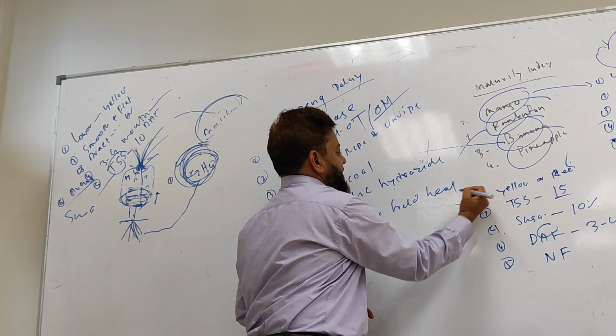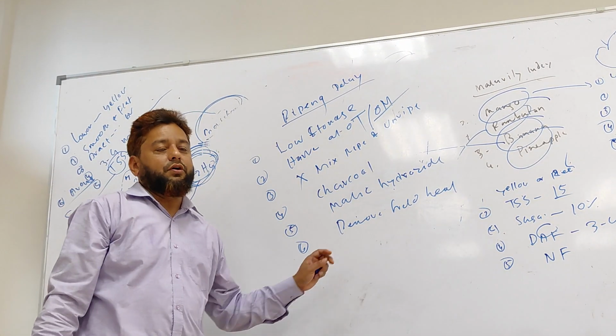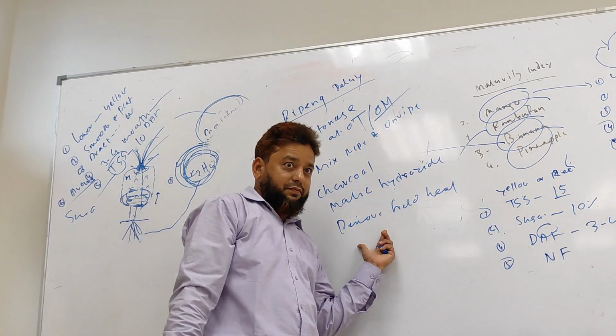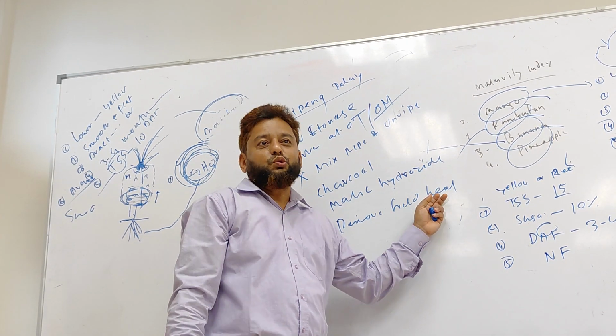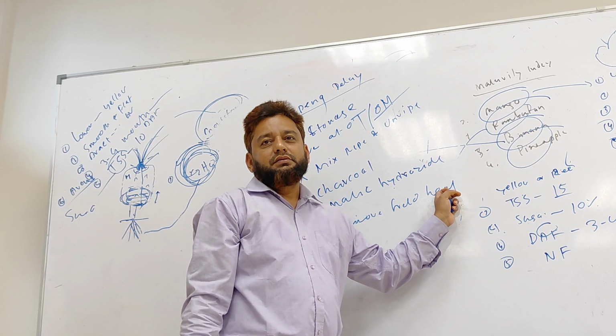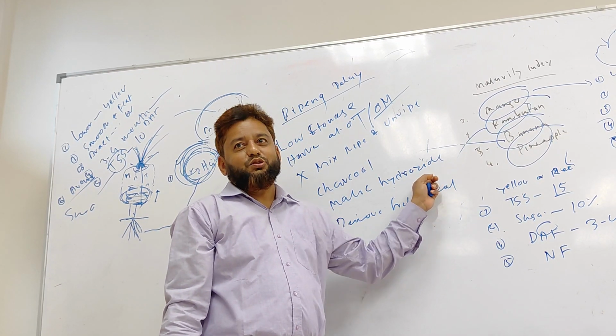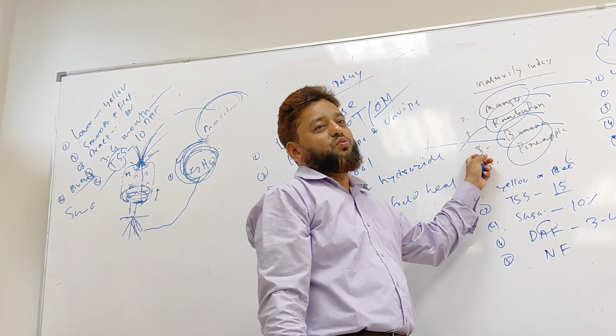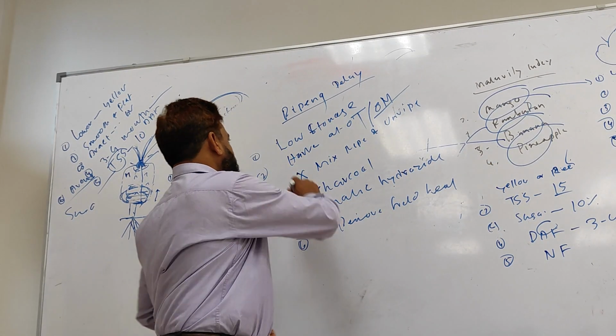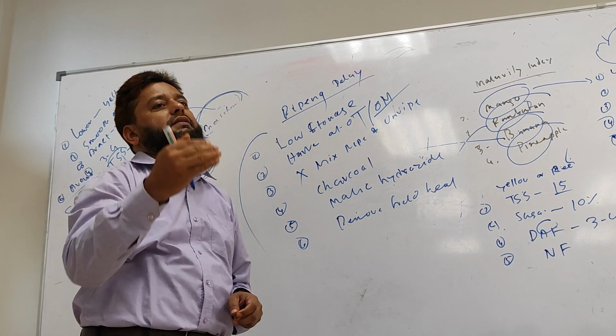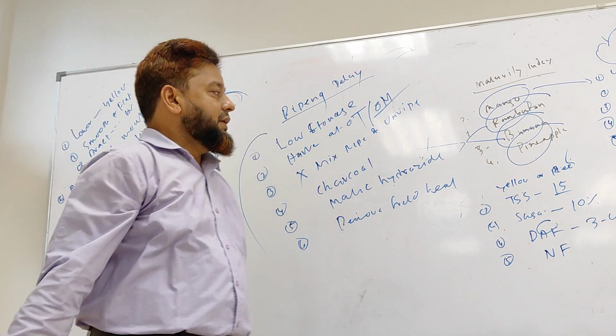If the fruit has some heat, it will increase the rate of respiration, and at the same time it will make more amount of vitamin, so in this way we can delay the fruit ripening.